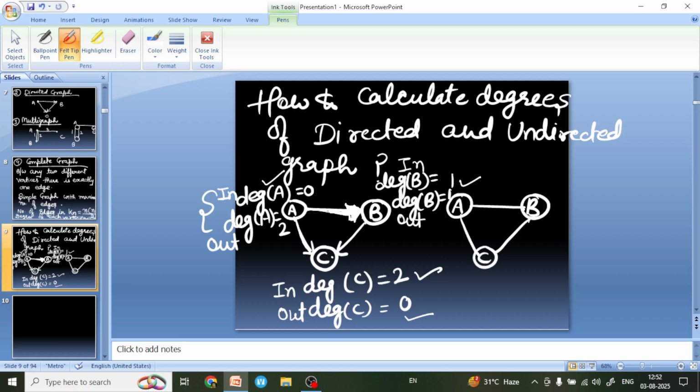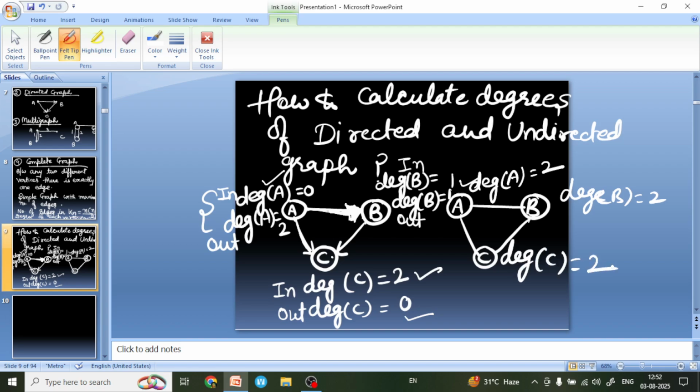But in the case of an undirected graph, there is no direction given. So the degree of A is 2, degree of B is 2, degree of C is 2, because there is no direction given for going A to B and B to C. A to B, A to C are also given, B to C, B to A are also given, and C to B, C to A are also given.